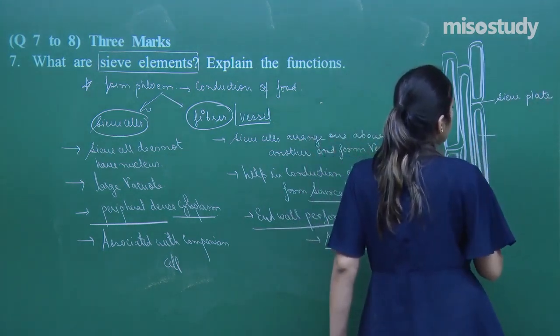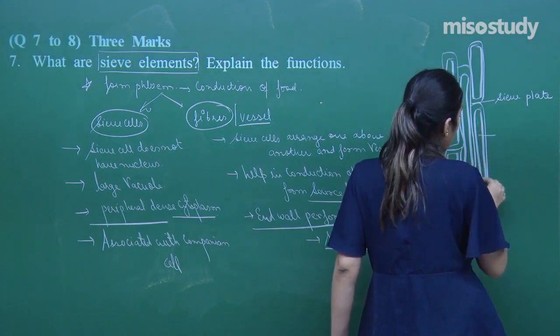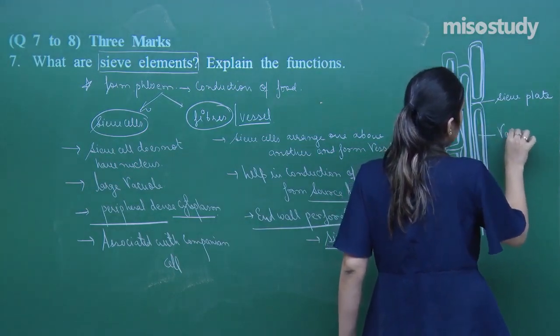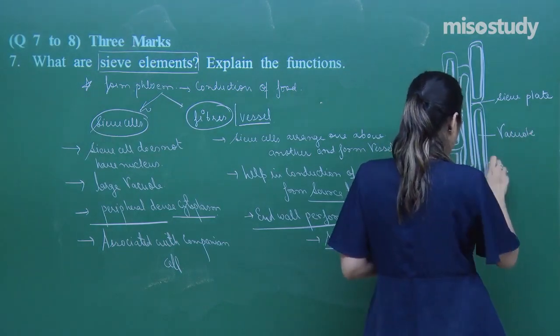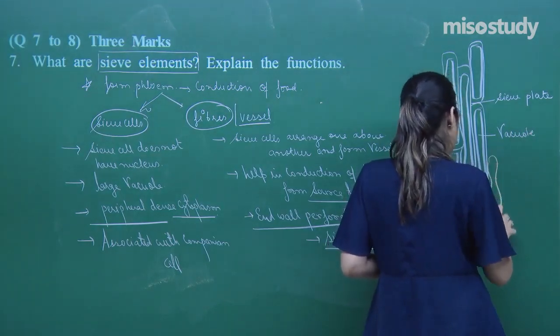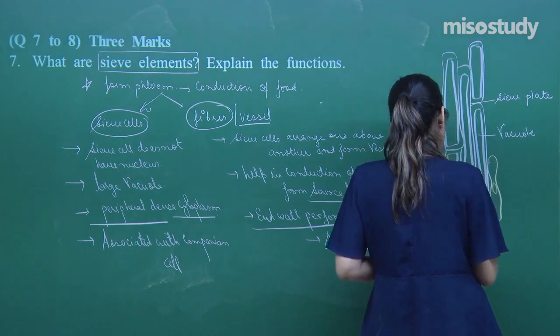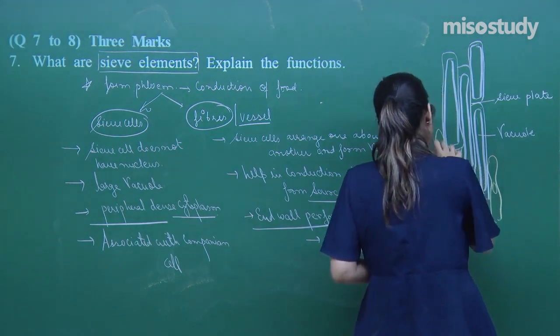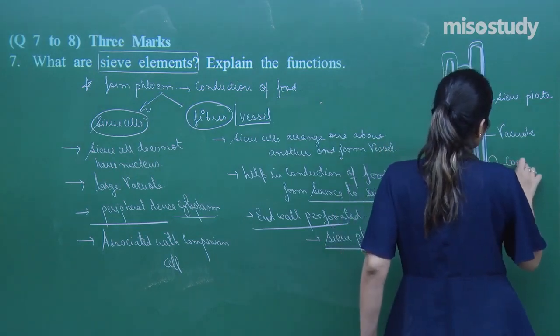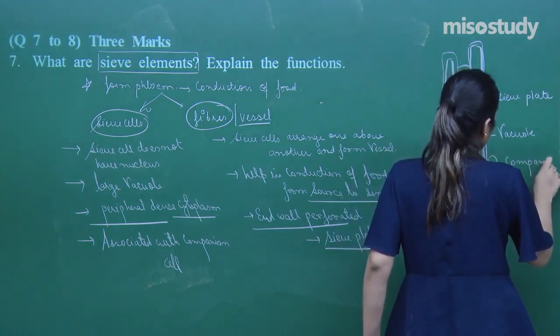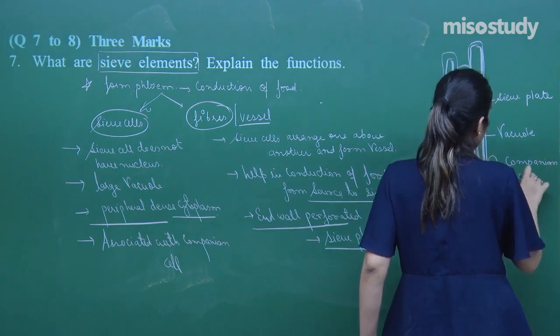In the center you can see empty space is present which is called as a vacuole, characteristic feature. And also you can see some cells, they are present like this. They are called as companion cells.